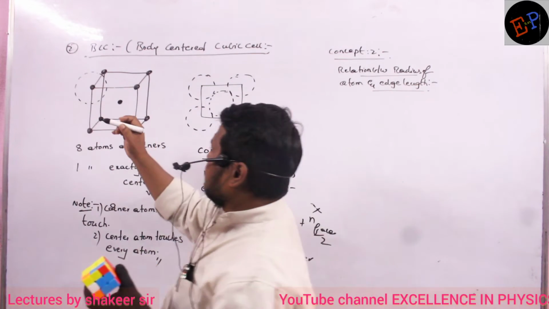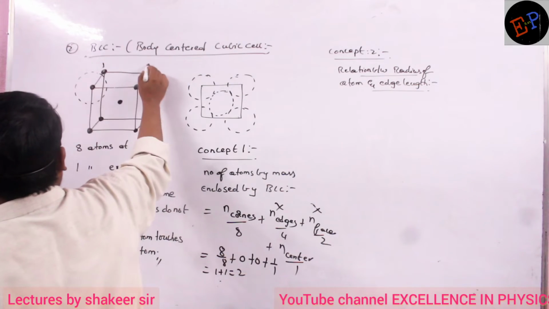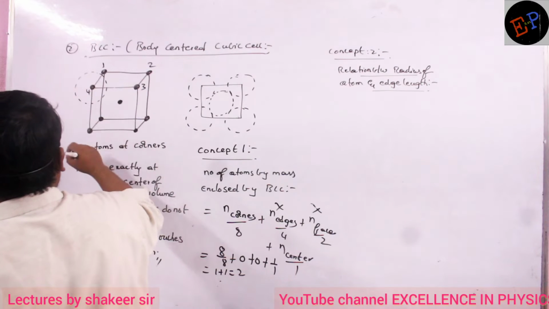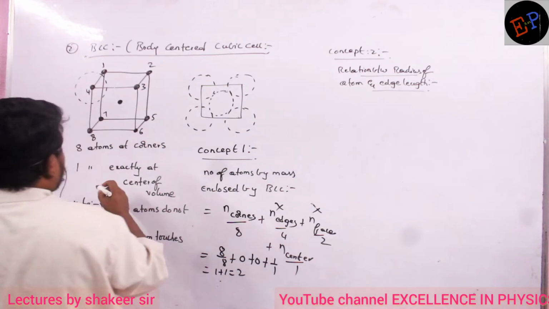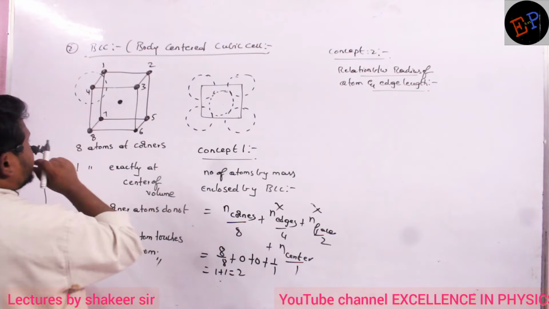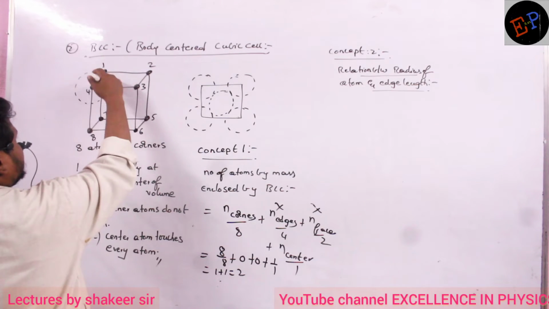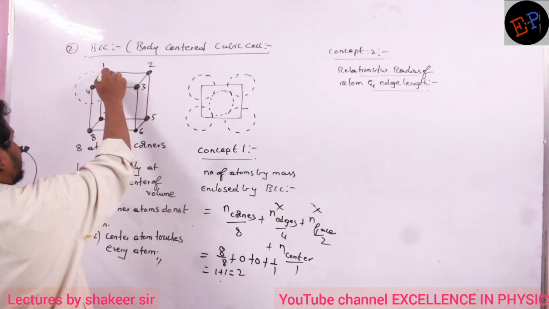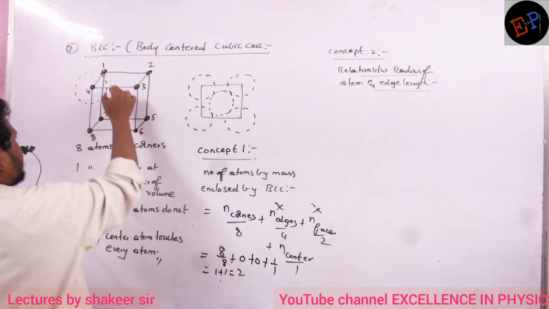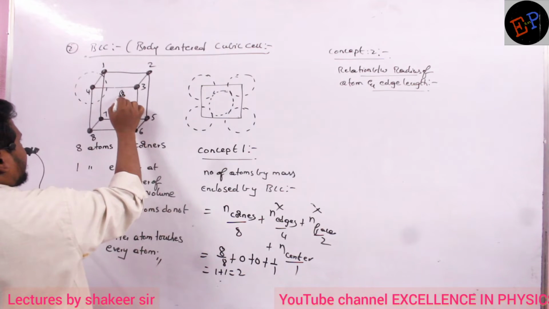So consider this one. 1, 2, 3, 4, 5, 6, 7, 8. Which 2 atoms are touching? This is present inside the board. Point number 6 is present outside the board. So this atom and this atom are touching with each other. Let us call it point 8.